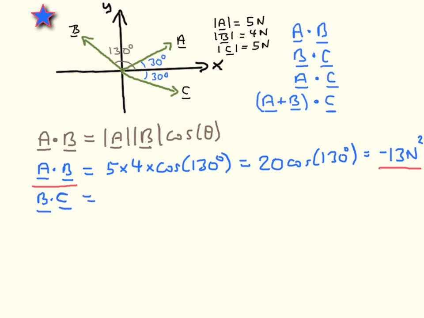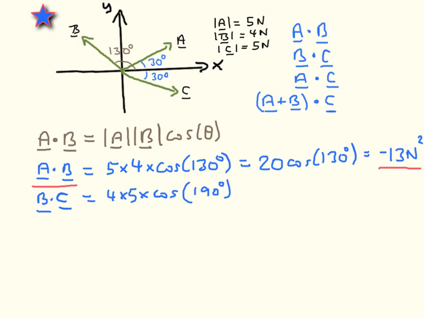And the magnitudes here of B, it's 4 newtons, C is again 5 newtons, so this is going to be 4 times 5 times the cosine, and now let's look at the angle between these two vectors. It's 130 plus 30 plus 30, so that's going to be 190 degrees, adding it up. And again, that's going to be negative.